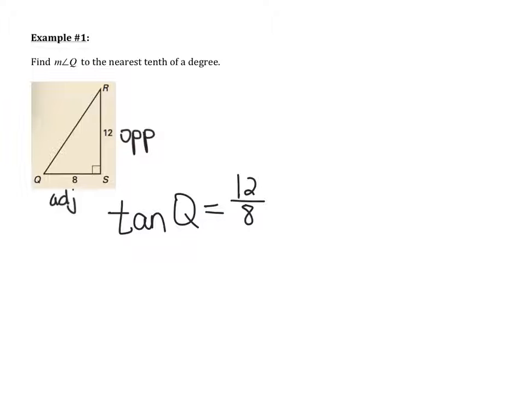Otherwise, I'm just going to plug this into my calculator, and your calculator does not require you to put 12 over 8 into lowest terms. I can't just divide by the tangent. Tangent is a function. It's just like a plus sign or a minus sign. So in order to find the measure of angle Q, I'm going to do the inverse tangent. Angle Q would be equal to the inverse tangent of 12 over 8.